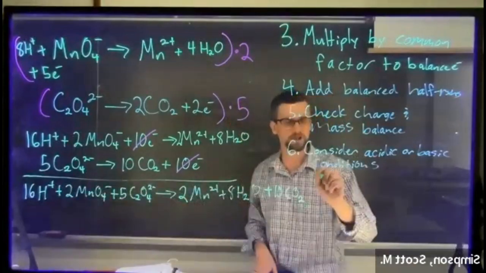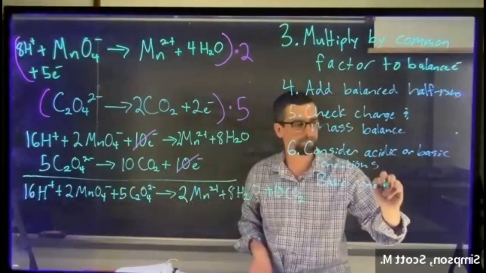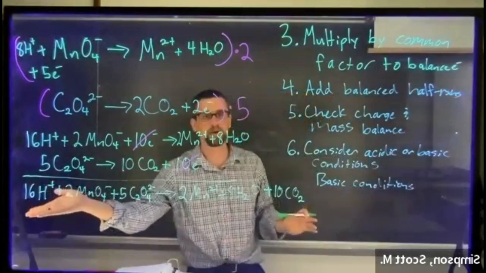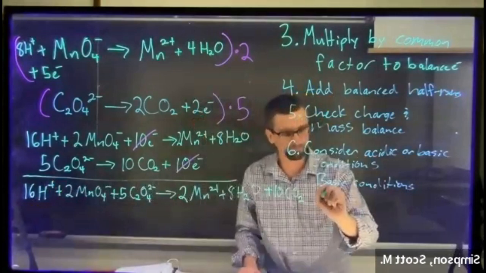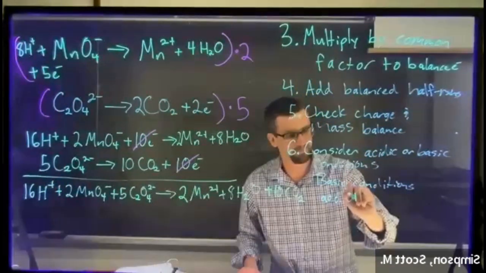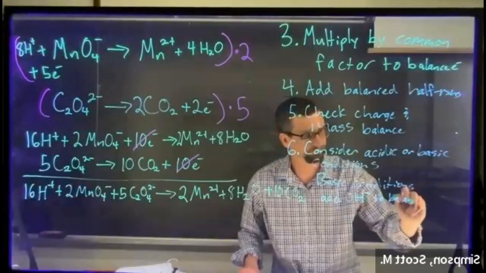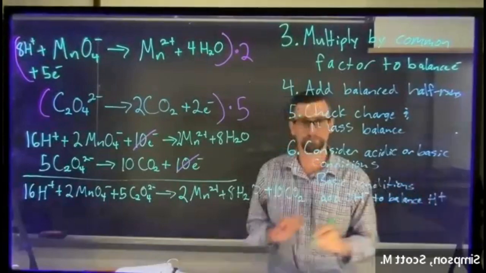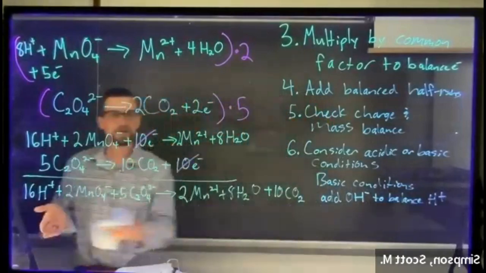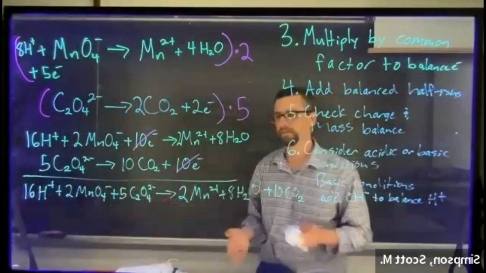If it's under basic conditions, what you do is you add hydroxides to cancel out these H pluses. So add hydroxide to balance H plus. Okay, so the reaction we have down here, this is actually under acidic conditions.